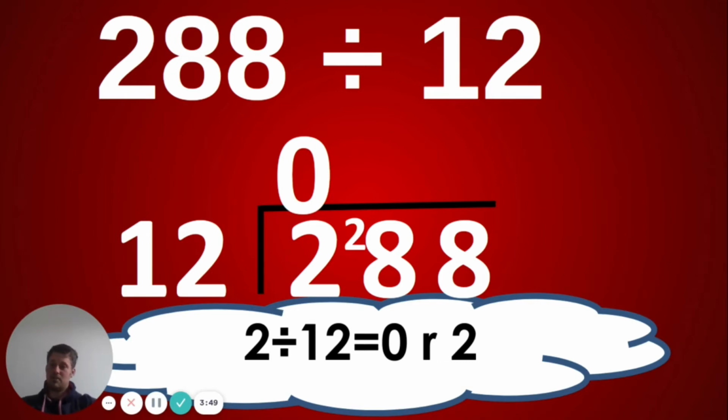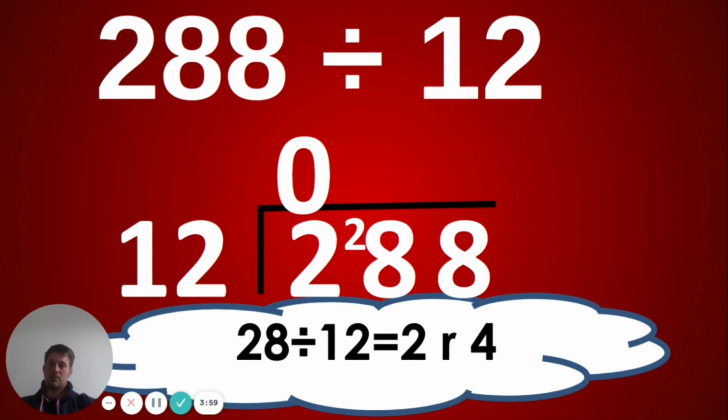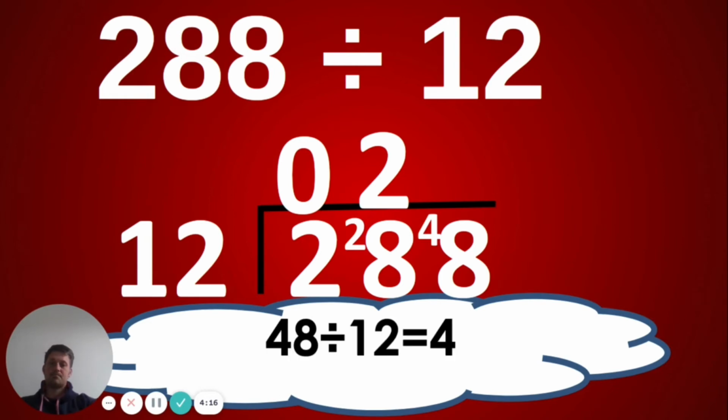Our second stage, how many groups of 12 can you make if you've got 24? You can make 12, 24, so that's 2 times 12, so you can make 2 groups of 12, which is 24, but you have 4 left over. So you need to write your 2 on top and carry the 4 across. Our final stage of this, if there are no remainders, how many groups of 12 can you make if you've got 48?